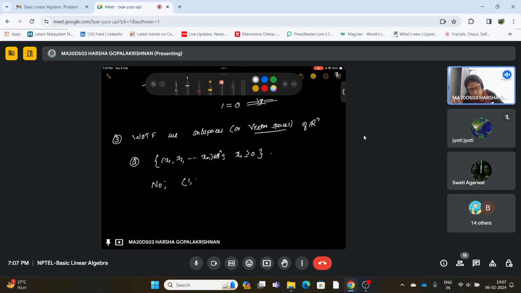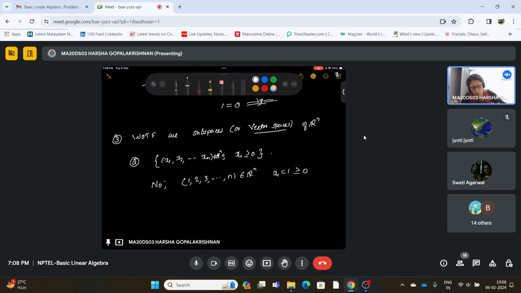For example, suppose we take (1, 2, 3, etc., n). It is an element in Rn. Also the first coordinate x1 is here 1, which is greater than or equal to 0.